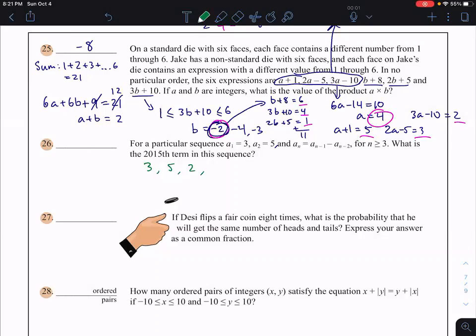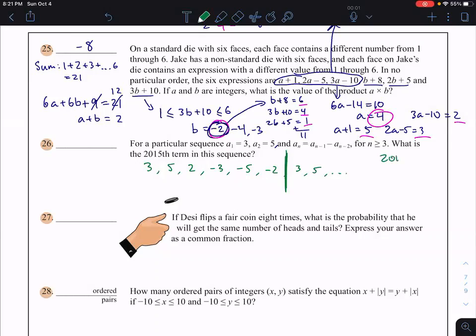The next term will be 2 minus 5, -3. And then -3 minus 2, that is -5. And then the next one will be -2, 3, 5. So looking at this, we see that the pattern will repeat every 6 terms.